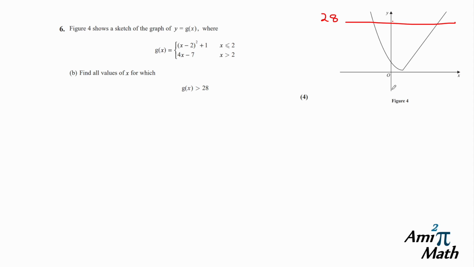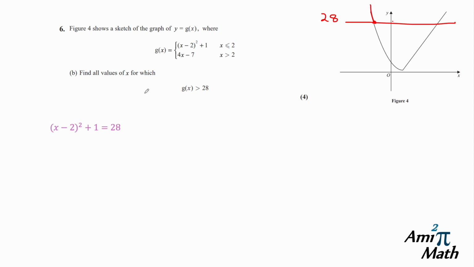And you can obviously deduce that this looks like an x squared curve, and this is just a straight line with a positive gradient, like here. And then we're basically just going to find the point at which g of x, which is here, starts to become greater than 28, so greater than this point.